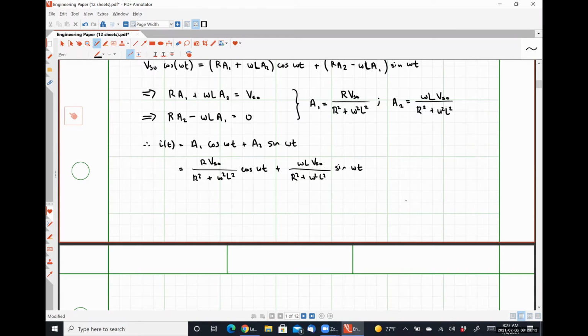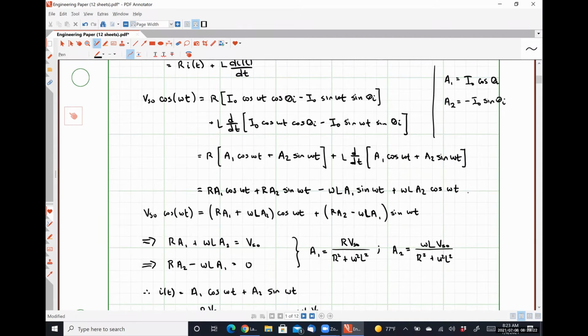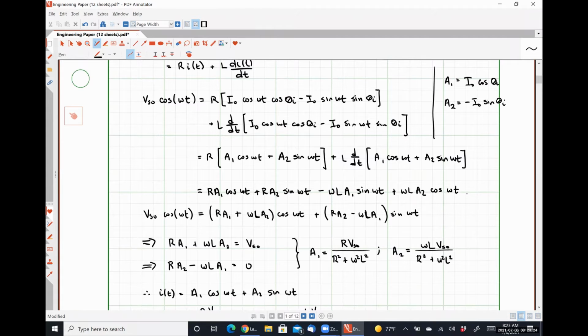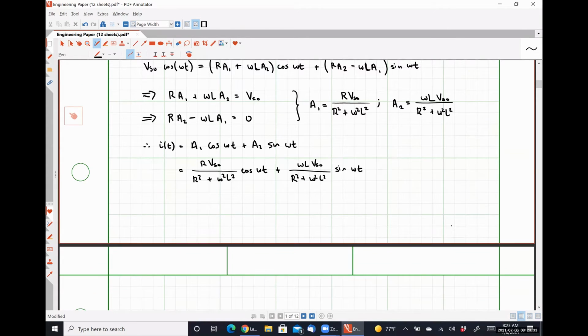We can say, note up here, I have A1 is equal to I naught times cosine theta I, and A2 is equal to negative I naught times sine theta I. So I can use these relationships, right?